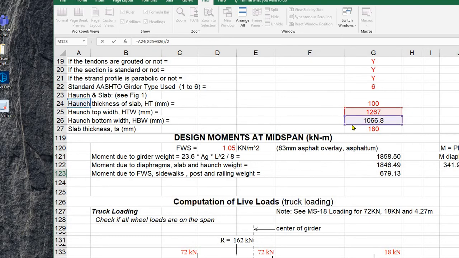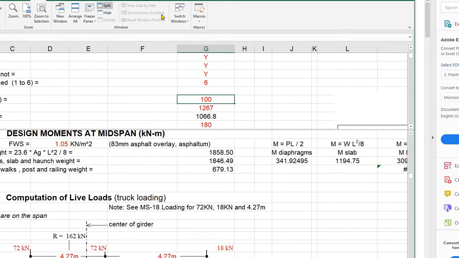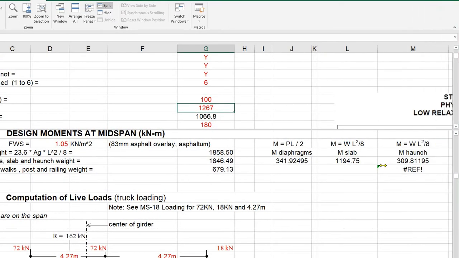Haunch bottom width, haunch top width. Ito yon, 80. 100. Okay, so yan. Then I will press enter. Oops, ulitin ko. Yan yon. Haunch thickness, and then I will press times.